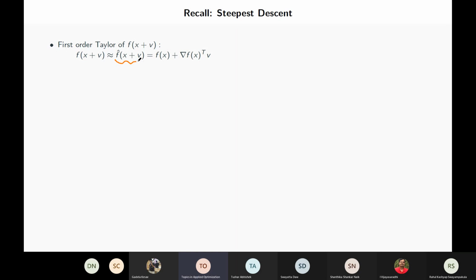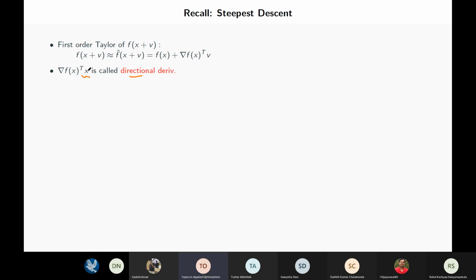Since it is an approximation, that's why we use this approximation term. So the Taylor expansion of this is f of x plus grad f of x transpose v. Okay. So here, by definition, this is called the directional derivative of f in the direction of v. That's the definition itself. So you can take it as a definition.